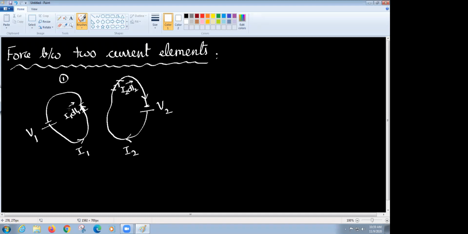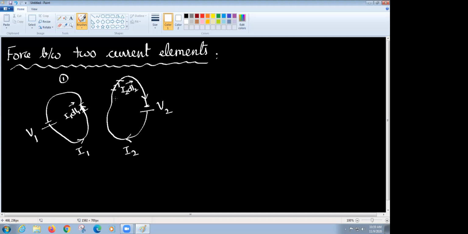Now if I ask you the force between these two current elements, I1 dl1 and I2 dl2, can you find it? You can use your Biot-Savart law. Both current elements produce their own magnetic fields, so you can find the individual forces.